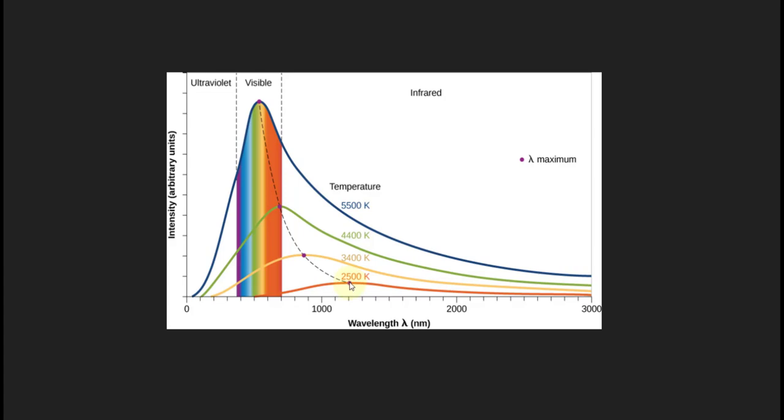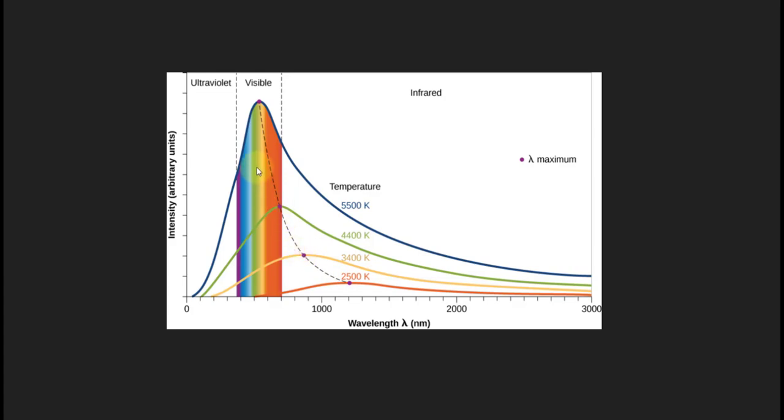It appears to be moving to the left as the temperature is increased. Now left is the higher frequencies where we have ultraviolet, X-rays, and gamma rays. So as the temperature of the black body is increased, more and more high energy photons are released.